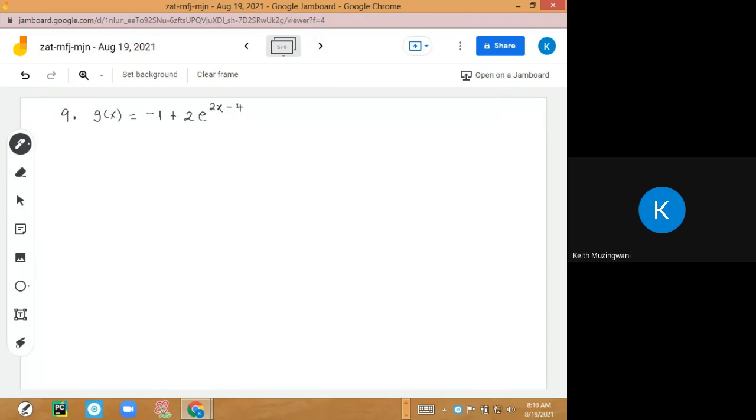Now that we have the family of u, we say that any added number becomes the asymptote. So we have negative 1 as our asymptote.